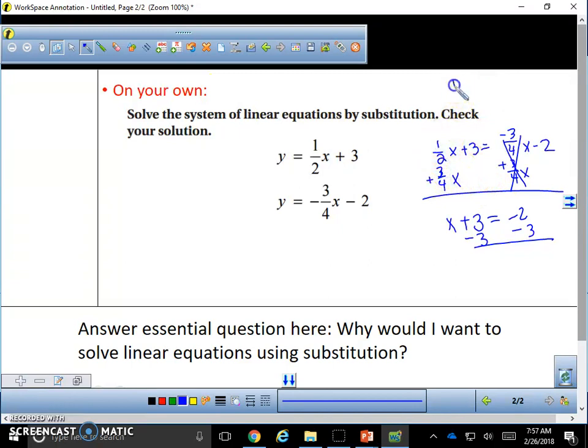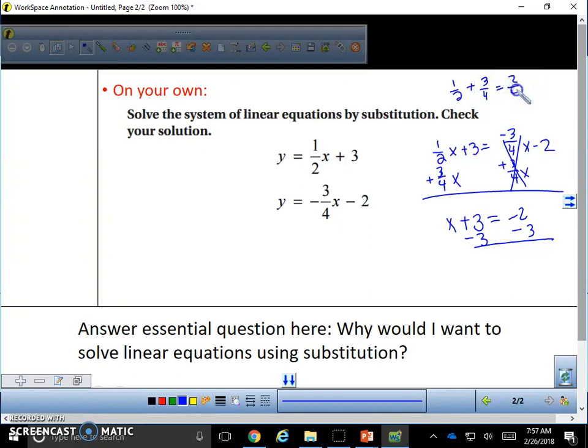So this is going to say 1/2 plus 3/4, which is equal to 2/4 plus 3/4, which is 5/4. That's better. 5/4 x equals negative 5. Multiply by 4/5. Multiply by 4/5. And x equals negative 4.